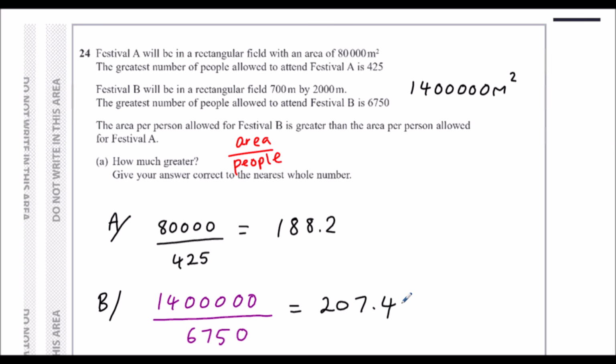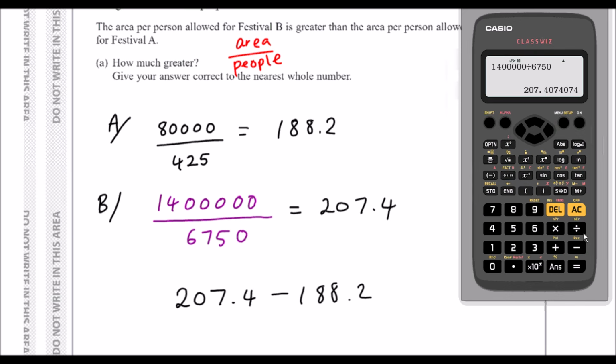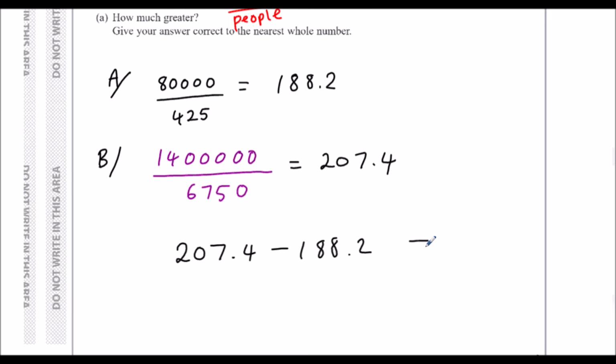So the area per person is bigger for B. How much bigger? We'll just take them away. So take away 188.2. We're given our answer to the nearest whole number. So I've got 19.2 here, but to the nearest whole number, 19.